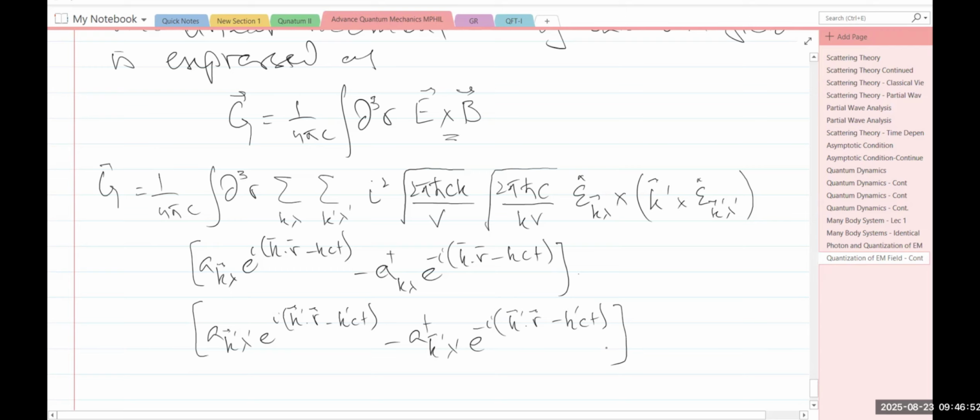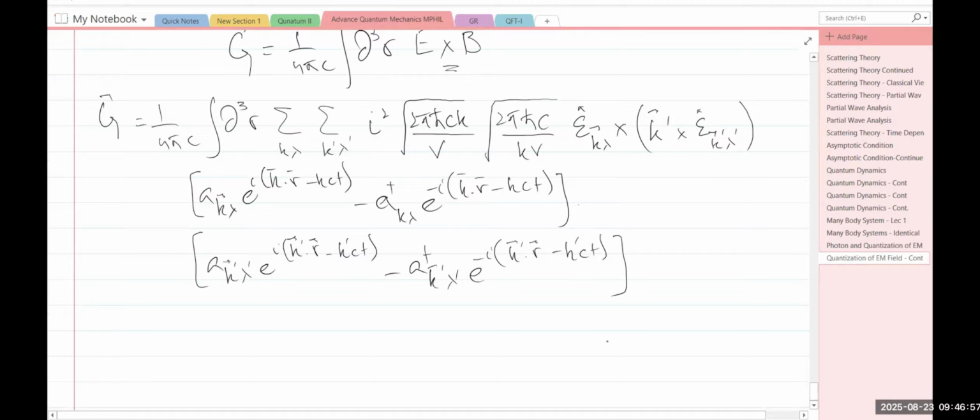Now we can use the delta function or Green's function to calculate the integrals.